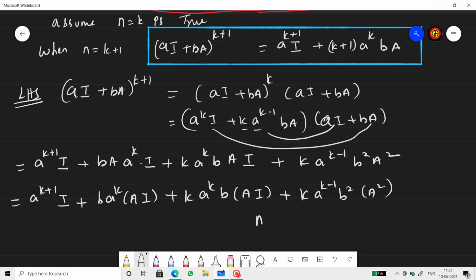Now A is a matrix of elements 0, 1, 0, 0. So A into I is A, and A into A is A squared, isn't it?